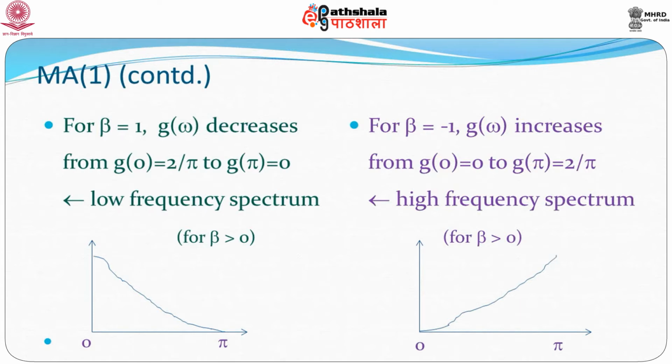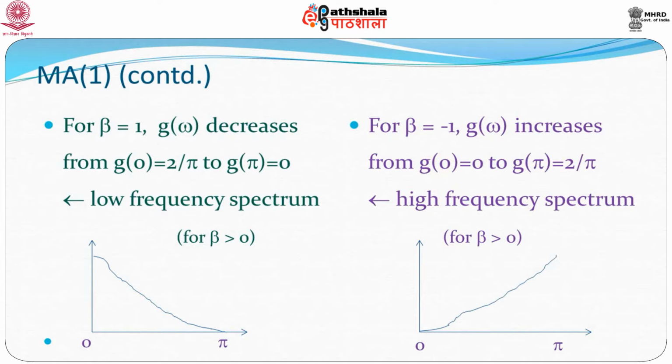This is because, look at the first case, when beta is equal to 1 or when beta is positive. The low frequencies, that is frequencies which are close to 0, have larger ordinates, and therefore we say that it is a low frequency spectrum.